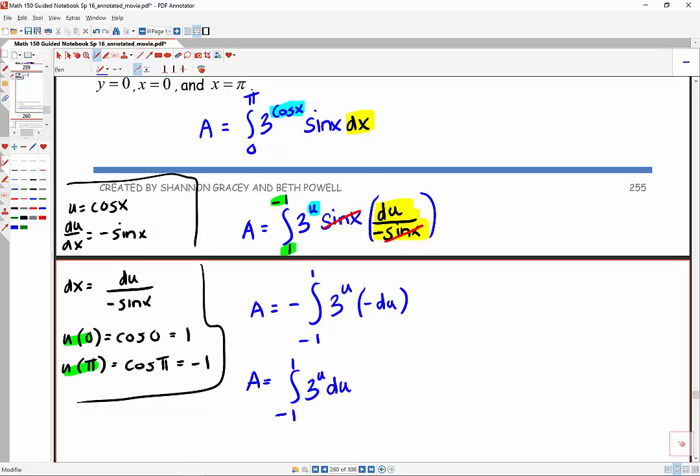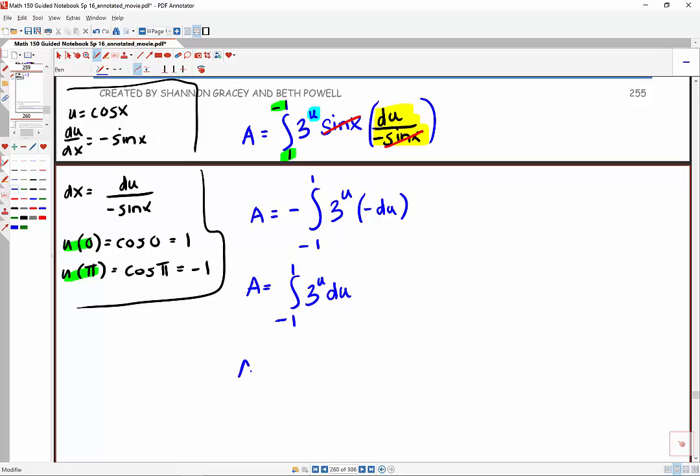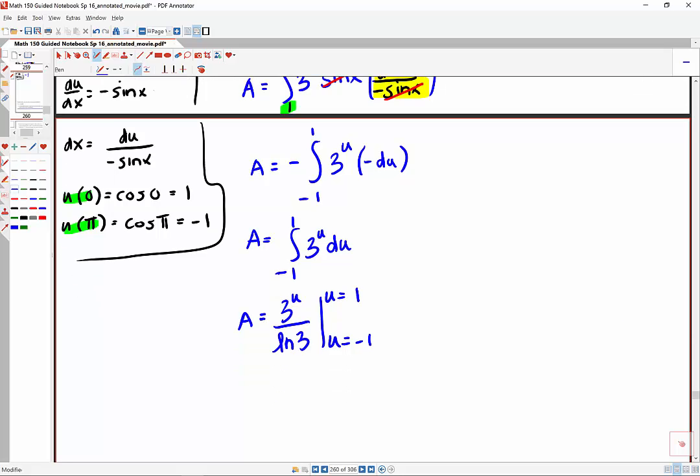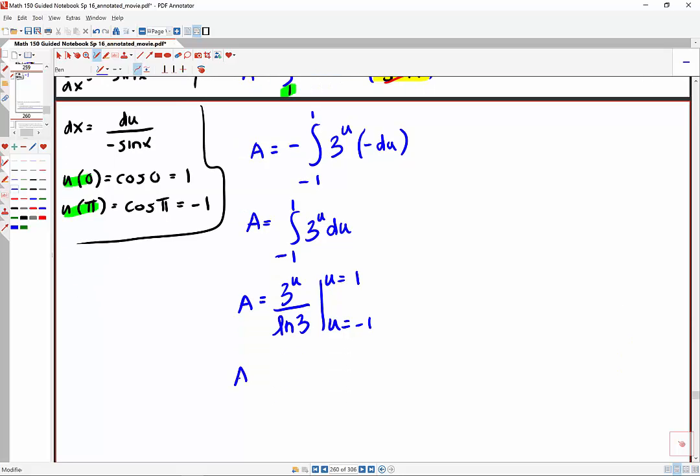So we'll end up with 3 to the u over natural log of 3 evaluated from u equals -1 to u equals 1. So our area will be, I can bring out the 1 over natural log of 3, and then we'll have 3 to the 1 minus 3 to the -1.